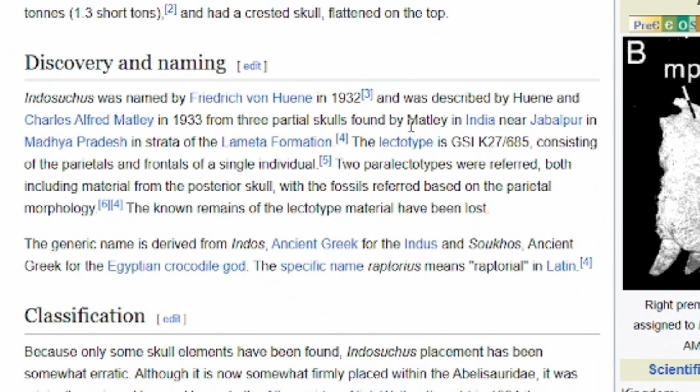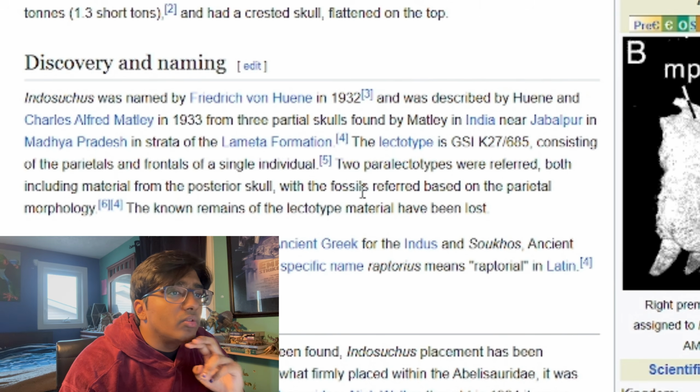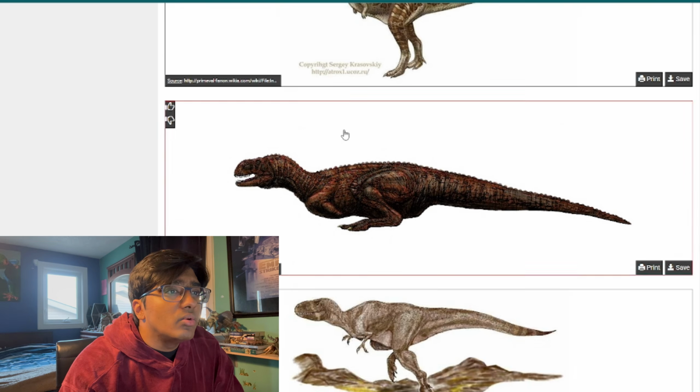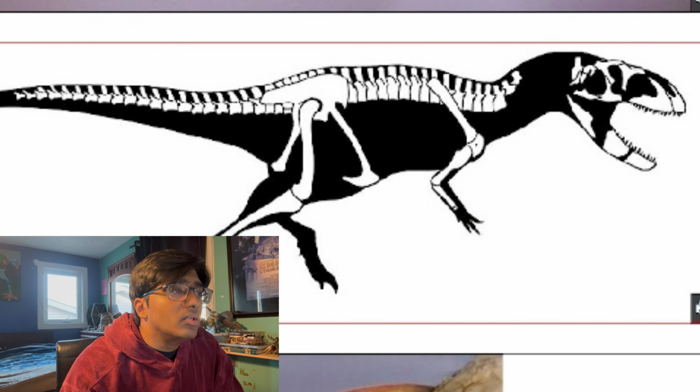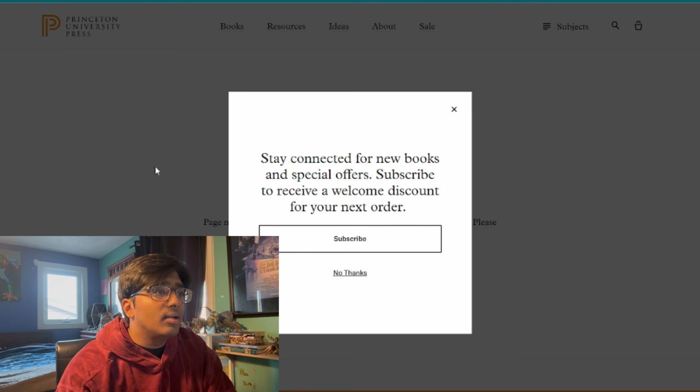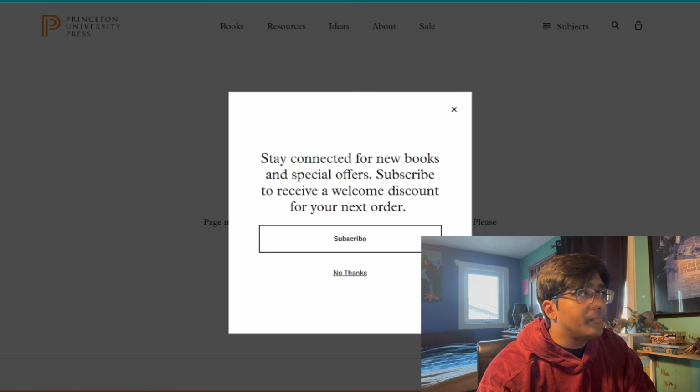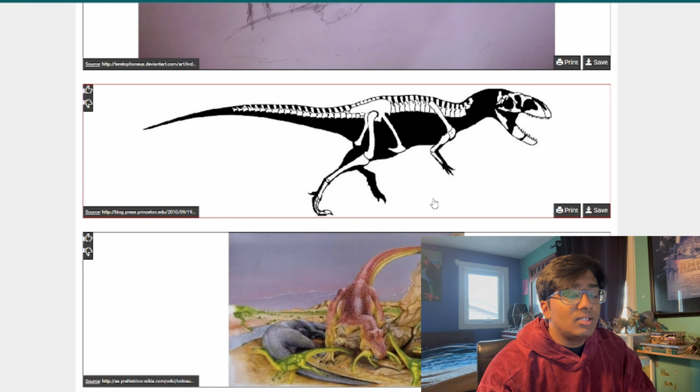Three partial skulls. Protoparietal. Yeah, no, there's no arms. There's no arms. Where did this come from? Is there something I'm missing? Hold up. Oh. Okay. I guess we'll never know.